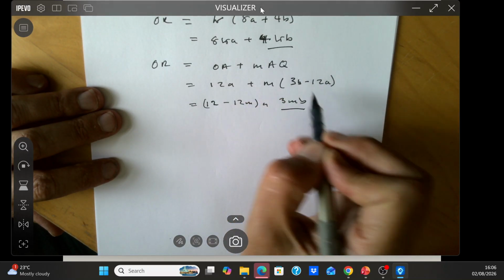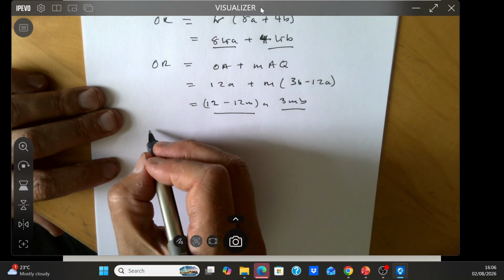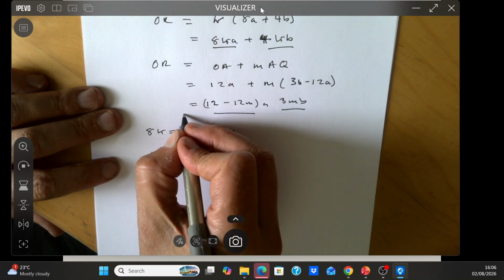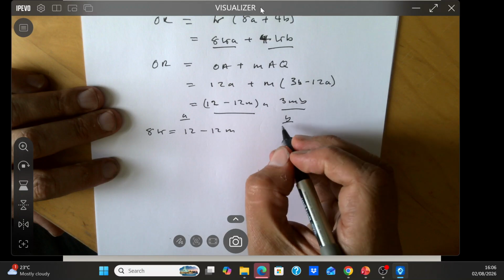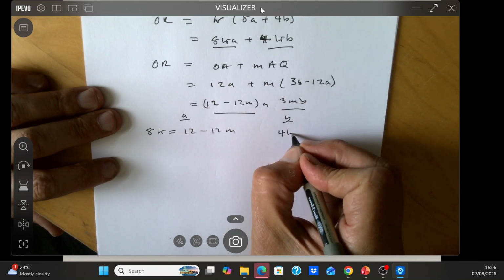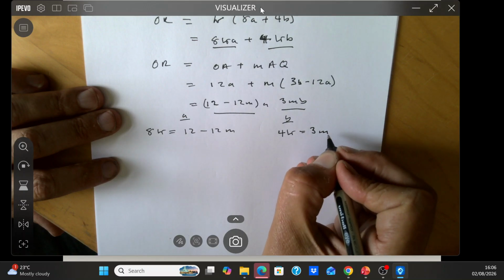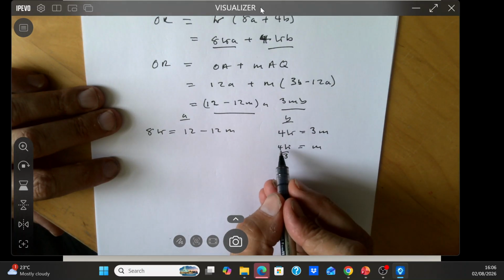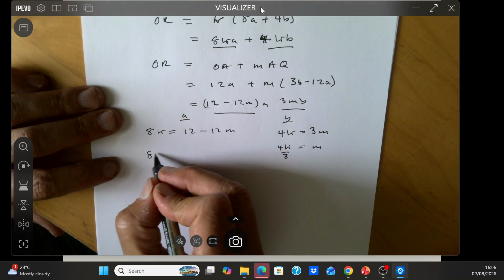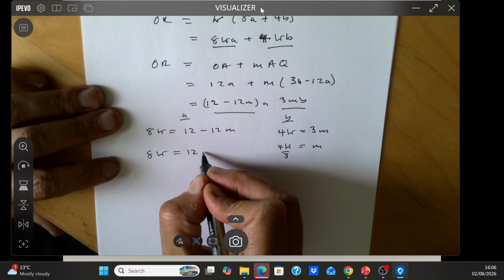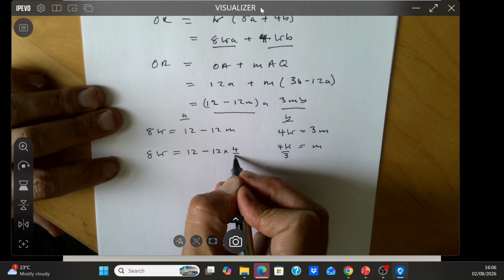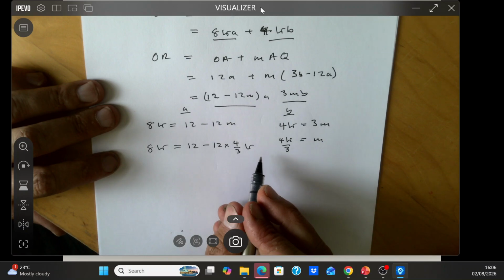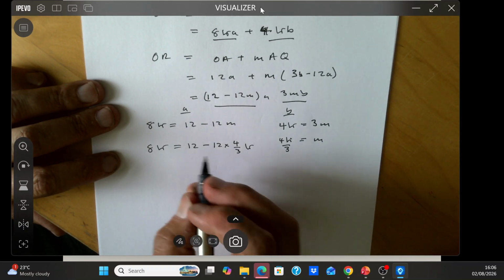We compare the b's and the a's. So we know 8k equals 12 minus 12m, the a's. For the b's, 4k equals 3m. So m equals 4 over 3k. We can now put that into that. So 8k equals 12 minus 12 lots of that. You should be able to do the rest for yourself to find k. I'm just going to write it down. You do it on your own.